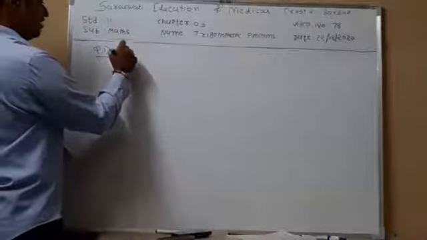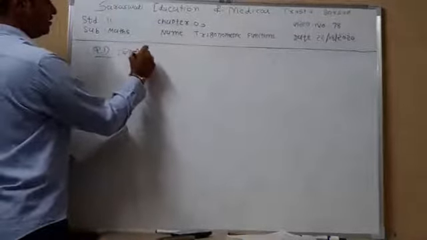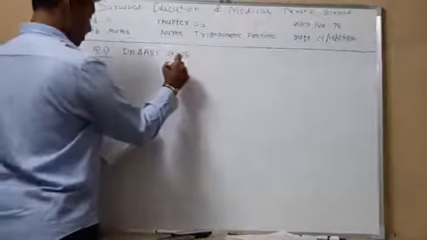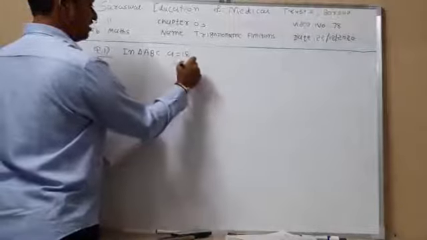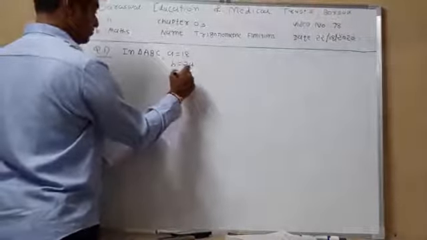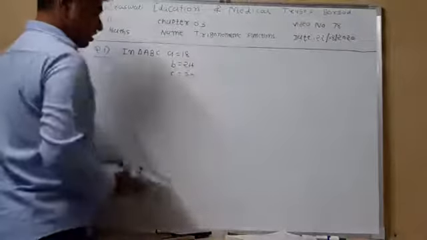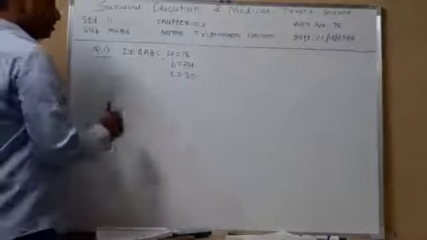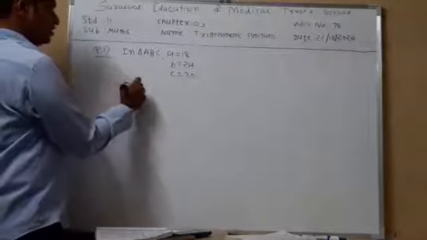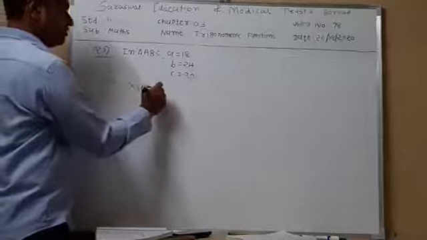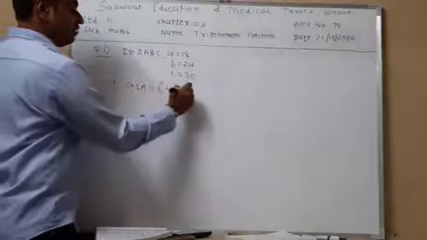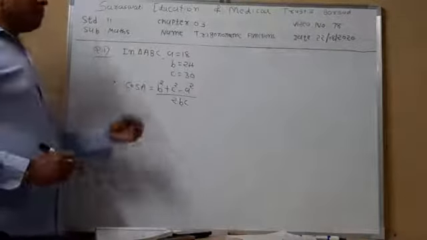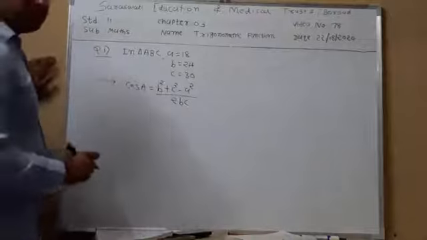In triangle ABC, if small a is equal to 18, small b is equal to 24 and small c is equal to 30, find the value of cos A, cos B and cos C. So we know that cos A is equal to b square plus c square minus a square upon 2bc. Now in this result, substitute the values of a, b and c.